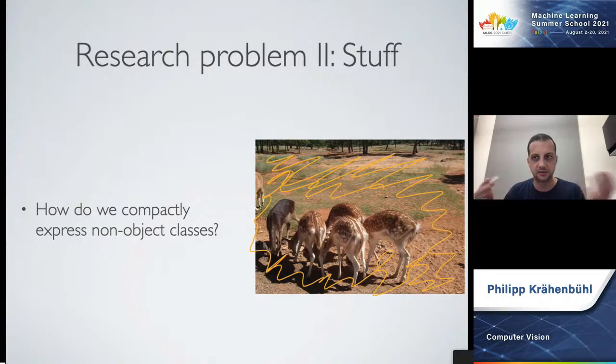But how about ground? What about rocks if they're just rock formations instead of individual rocks? So this is the other unsolved problem in sparse representation. How do you represent stuff? We know how to represent it as a dense segmentation mask, but we don't know how to represent it in a more compact form.